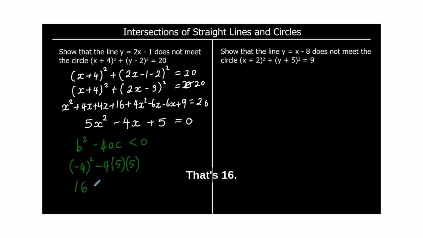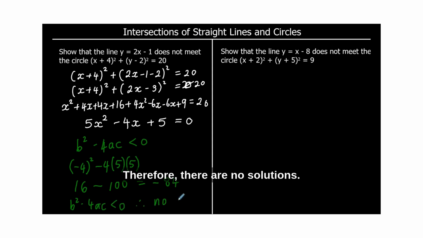That's 16. Take away 4 times 5 times 5, which is 100. And that's negative 84. So b squared minus 4ac is negative, therefore there are no solutions.